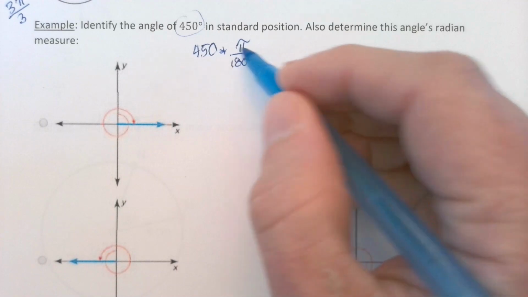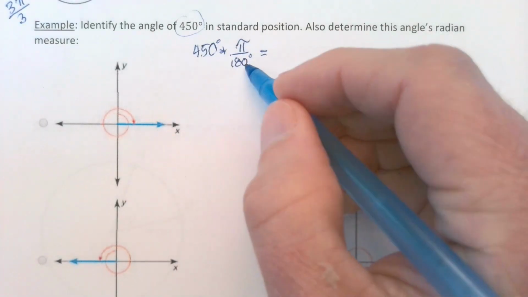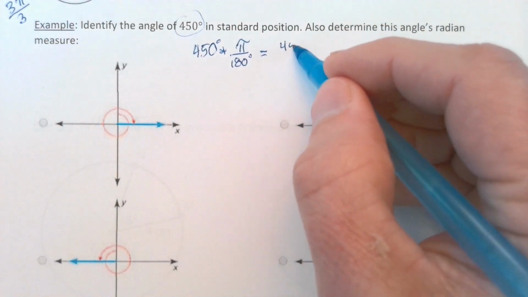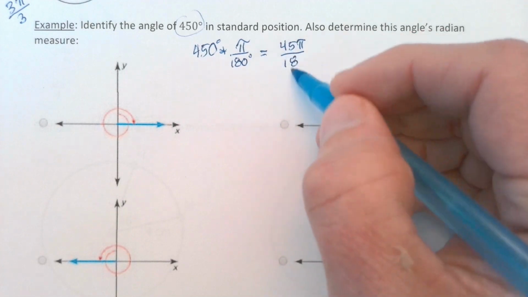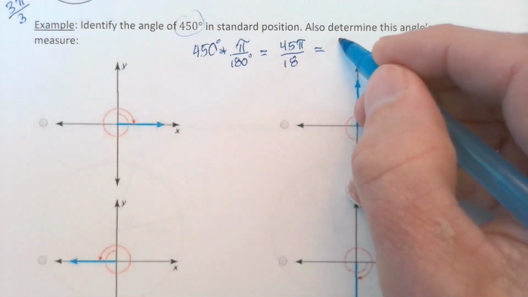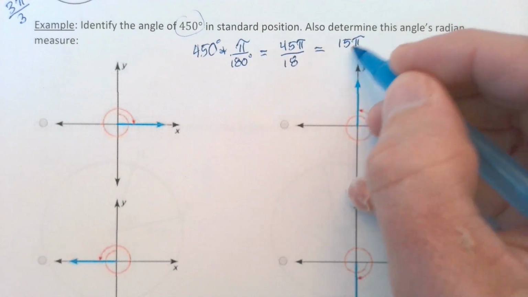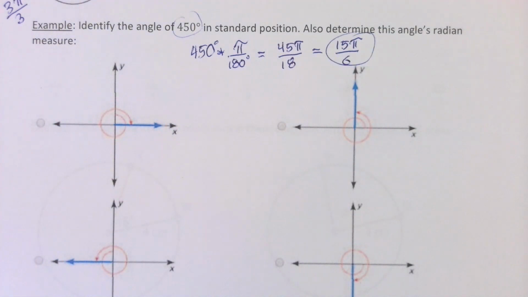That way the degrees cancel. And so canceling by dividing by 10 on these, I have 45 pi over 18. That's a pretty good answer there, but both of these are divisible by 3. So you get 15 pi over 6. I think that's the best way to get the radian measure for that.